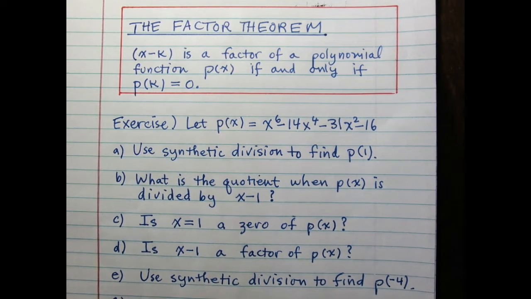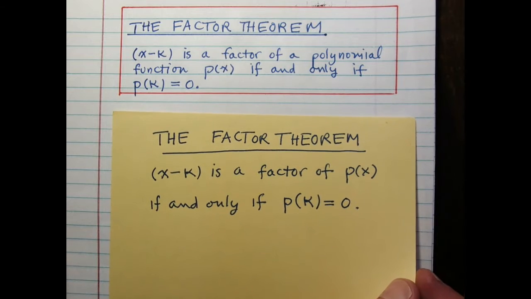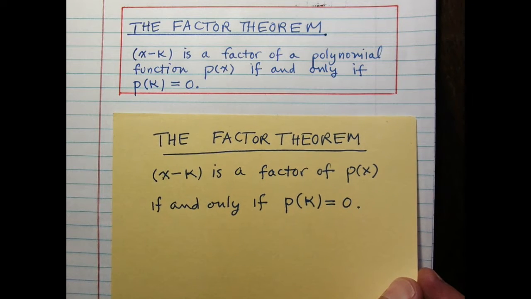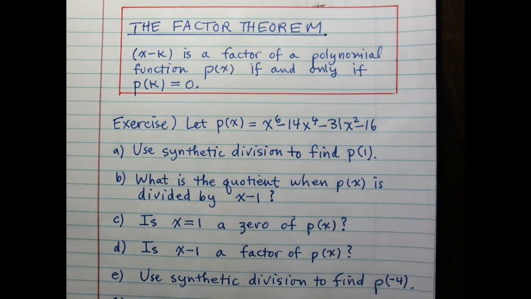The factor theorem: x minus k is a factor of a polynomial p of x if and only if p of k is equal to 0. And I wrote that on a separate card. And that's the theorem that goes along with the remainder theorem that we're going to have to carry through the rest of this chapter pretty much.